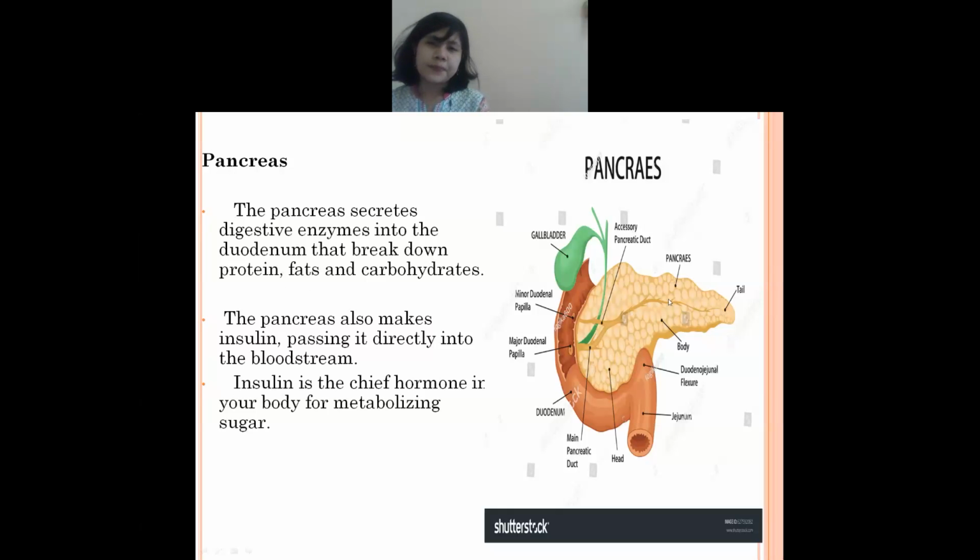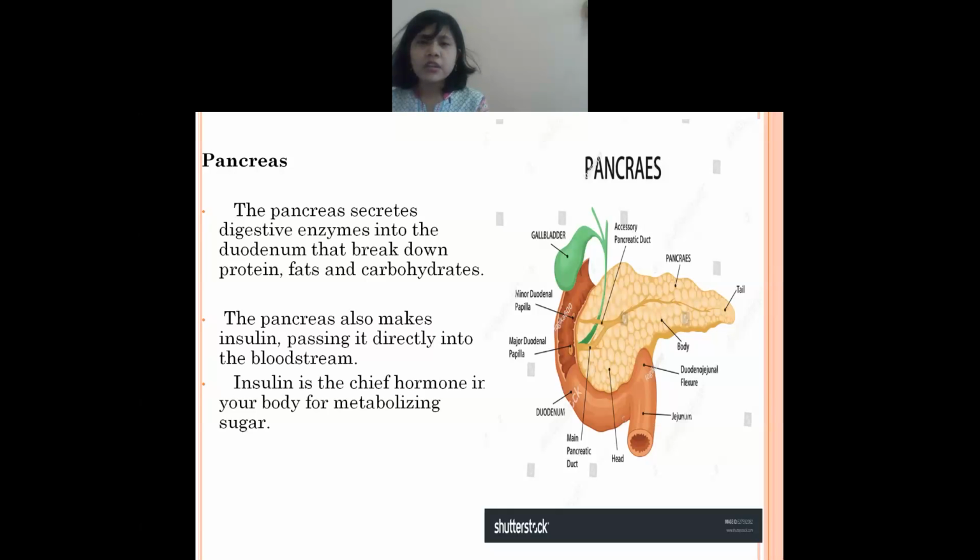Okay, so I'll repeat again. This pancreas will secrete digestive enzyme, and it will go into the duodenum. Duodenum is in the first part of the small intestine. And what will it break down? Such as protein, fats, and carbohydrates.